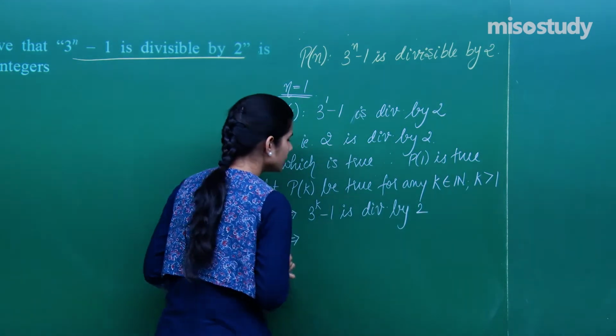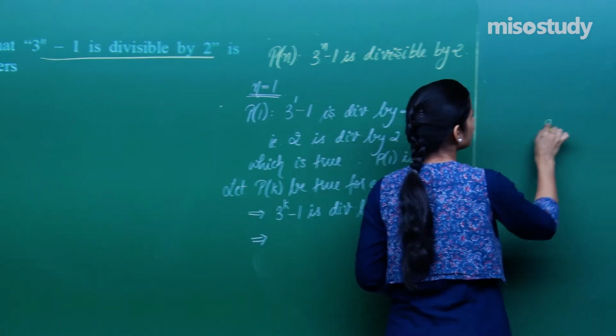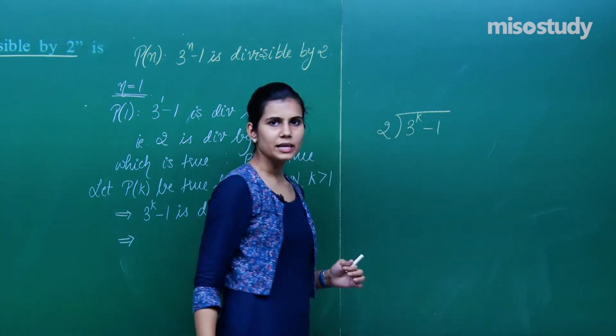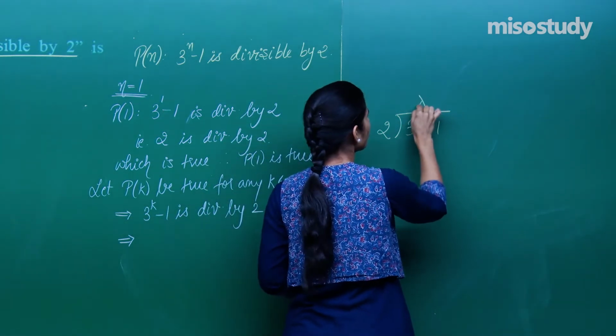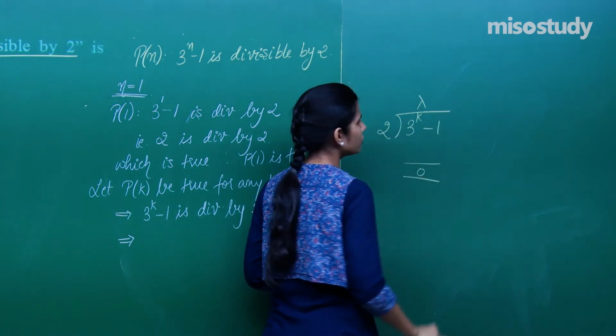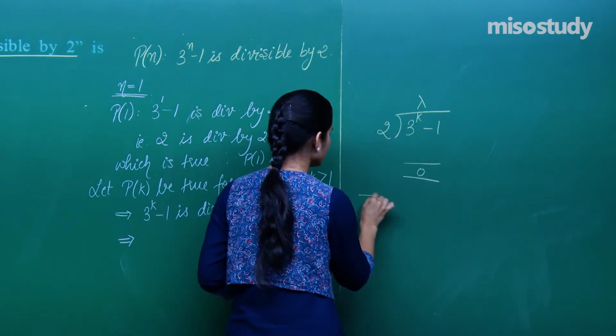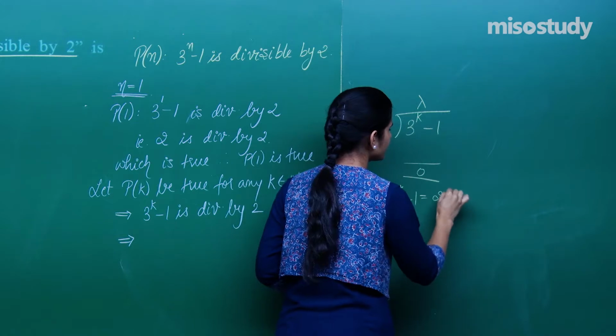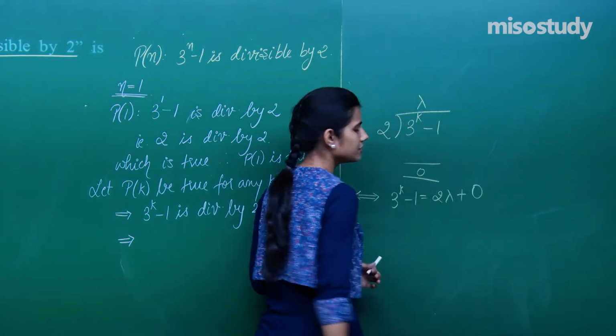That means, when I am saying 3 to the power k minus 1 is divisible by 2, when you divide 3 to the power k minus 1 by 2, there is some quotient and the remainder is 0. Therefore, by division algorithm you can write dividend is equal to divisor into quotient plus remainder.